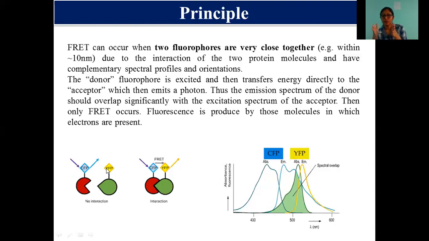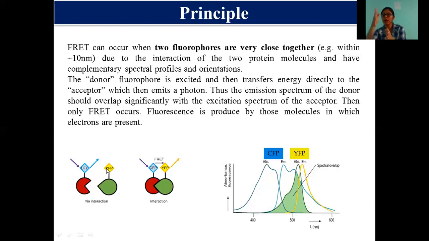But when there is an interaction between the two different proteins, then the two fluorescent molecules with these two different protein molecules come close together. And once they come close together, you will get the overlapping spectrum, because the distance between the two fluorescent molecules is less, so whatever energy is emitted by this first CFP fluorophore molecule will be absorbed by this YFP fluorophore molecule.